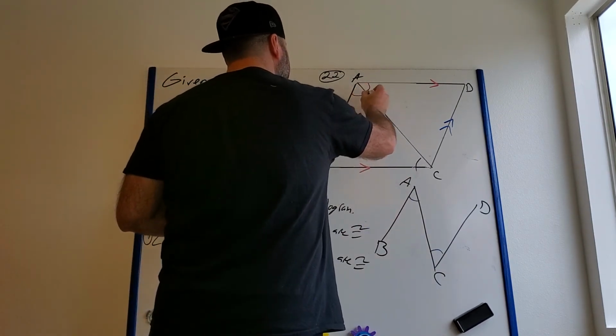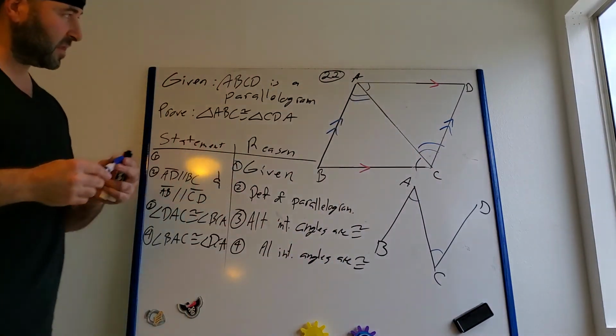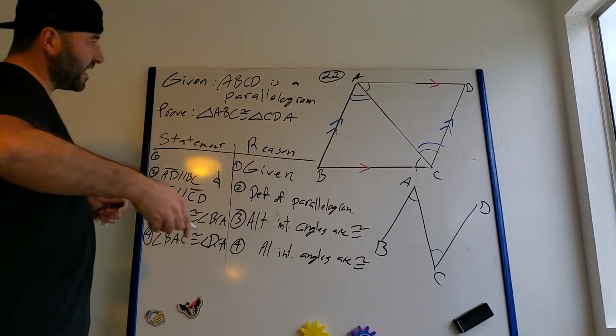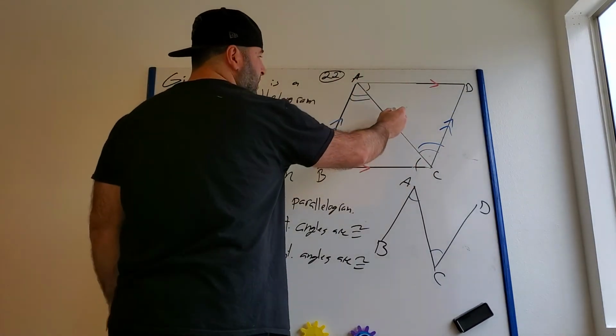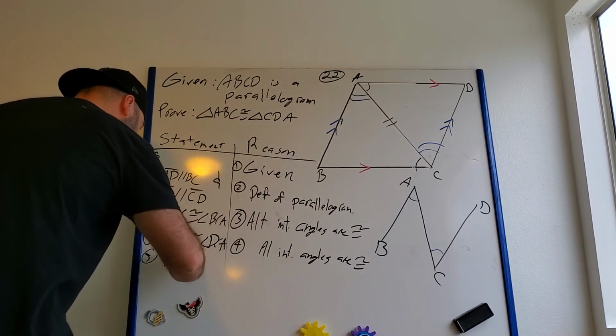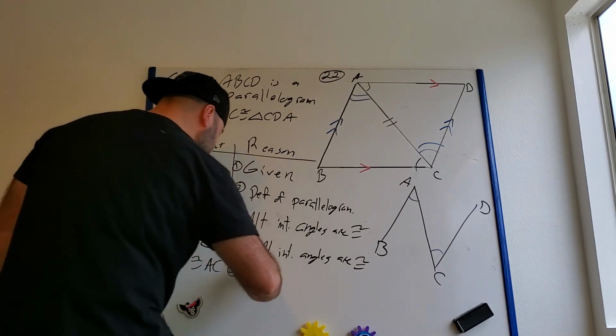So now I've got these two angles. And the only other thing left for me to say, which is actually kind of written in for you guys, is the fact that AC is congruent to AC, and that's because it's reflexive.